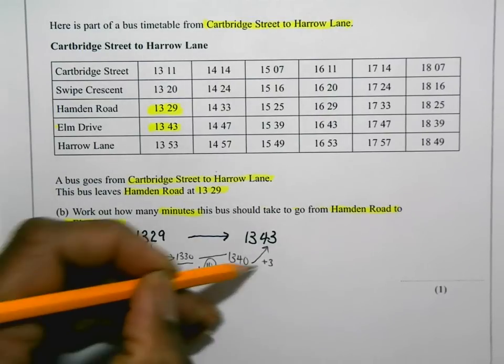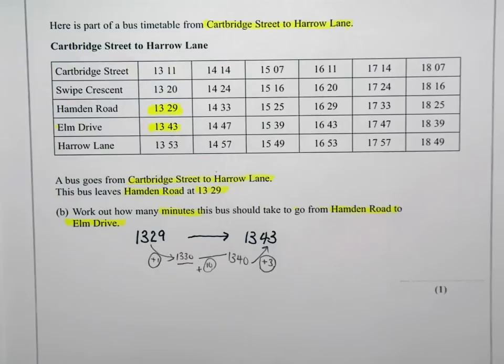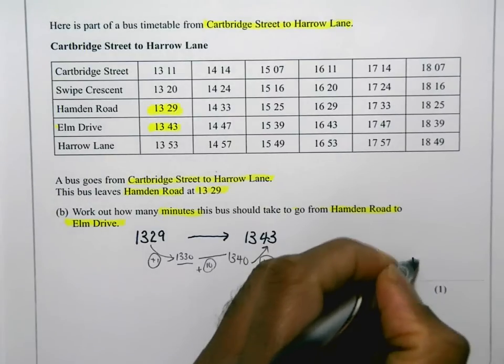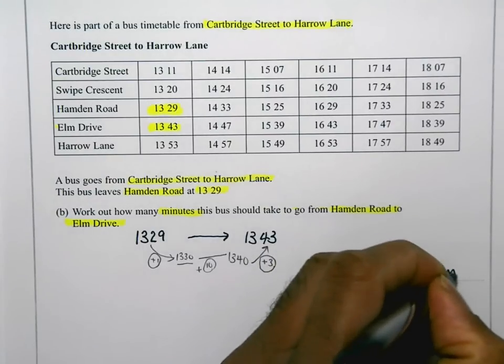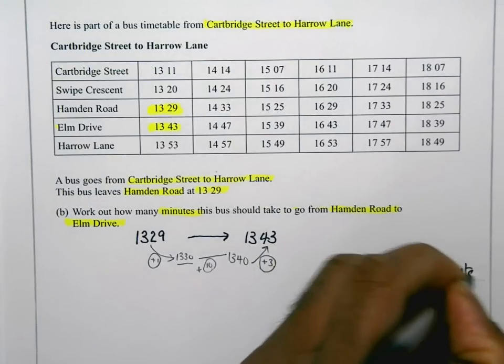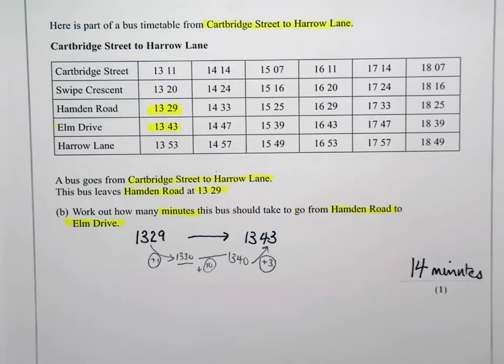So I need to add up all of those together. 1 and 10 and 3 is 14, and that's going to be 14 minutes altogether. Okay, so that's a neat way of breaking up that question into different parts so that you could actually see what the total answer is and how you could arrive at it. So take your time with that, make sure you understand it.